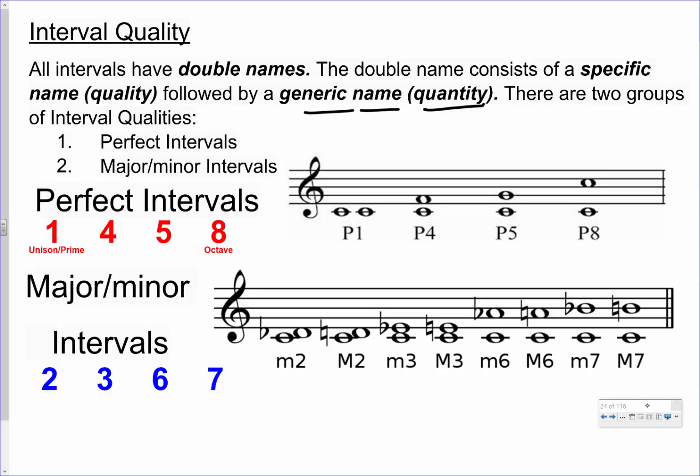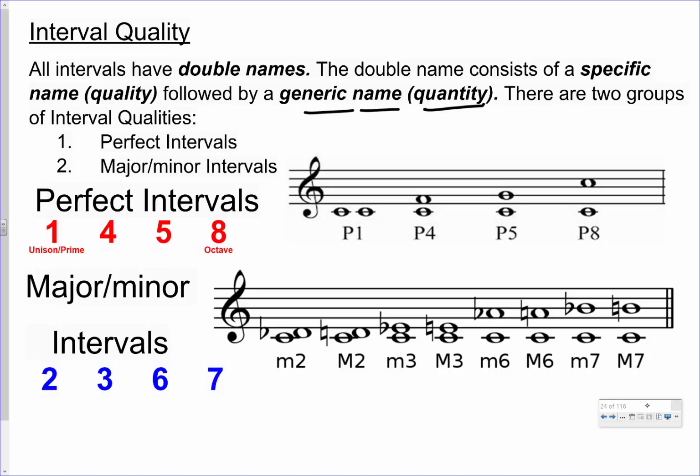This is going to be simple memorization, but we need to make sure we memorize that our perfect intervals are unisons or primes, fourths, fifths, and octaves. So, perfect intervals, 1, 4, 5, 8.